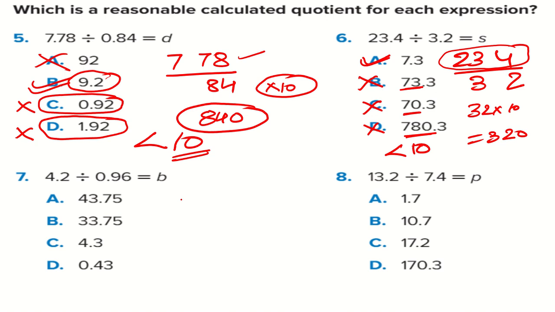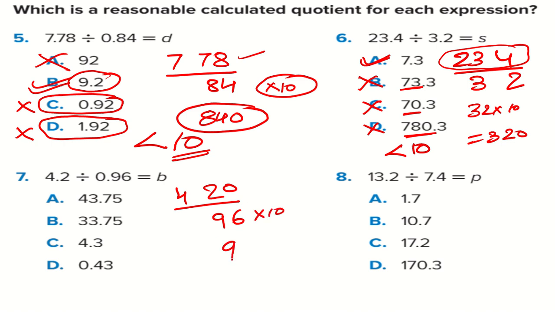Okay. Now same here, 4.2 divided by 0.96. So you see this question, in the numerator we have only one decimal place, but in the denominator we have two decimal places. So what will you do to make it equal? Put a 0 here. Now the decimal places are the same, so cancel them. Okay. Now if you multiply 96 in the denominator by 10, what will it be?